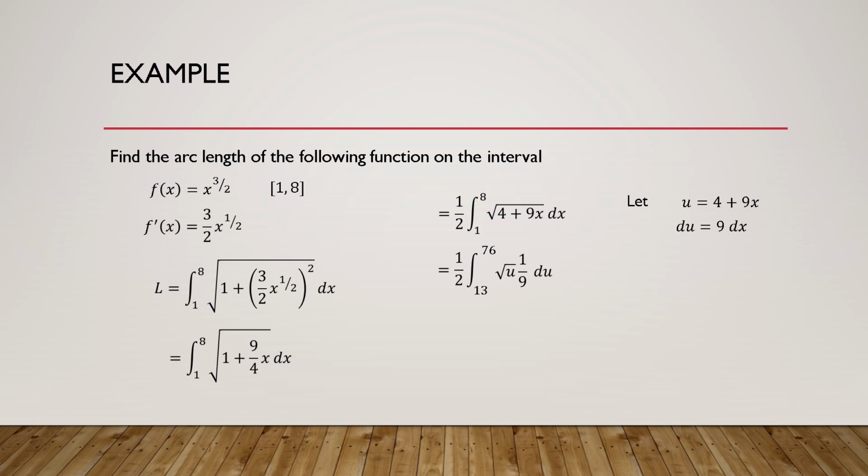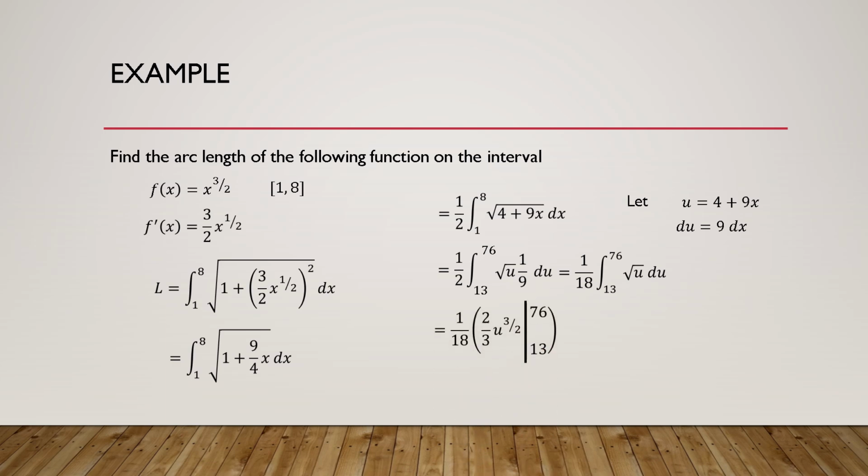Now the integral is 1/2 the integral from 13 to 76 of the square root of u times 1 over 9 du. 1 over 9 can be removed from the integral to get 1 over 18 times the integral from 13 to 76 of the square root of u du.